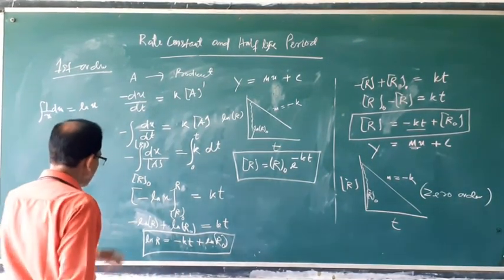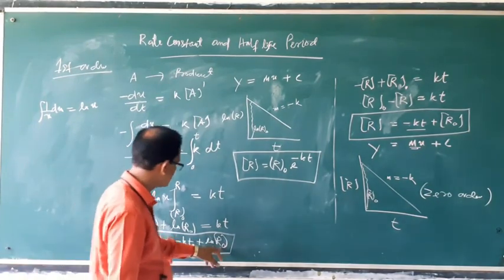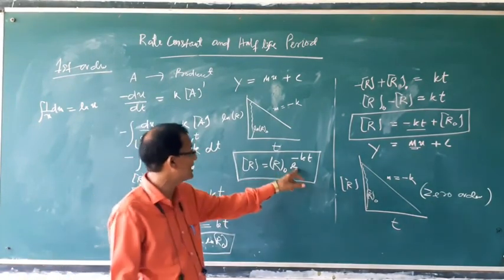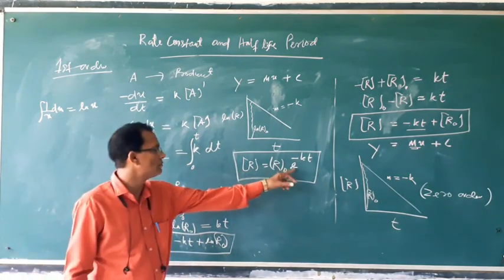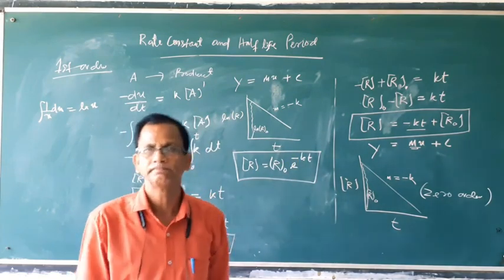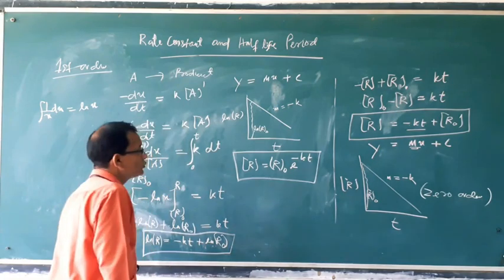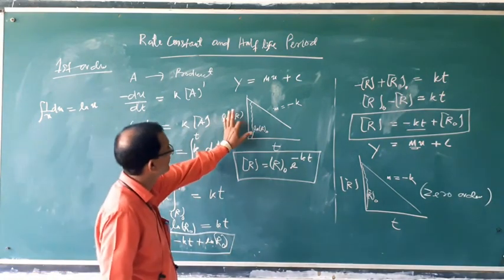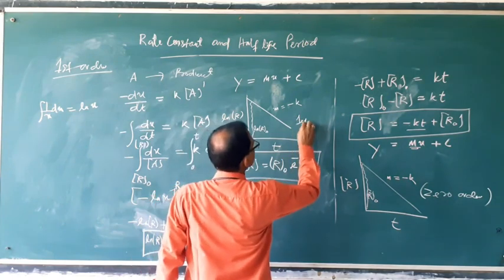In terms of ln, it is ln r equal to minus kt plus ln r0. In terms of exponential, ln will be cancelled, then in terms of e, it will be r equal to r0 e to the power minus kt. So this is the graphical representation, this is for first order.